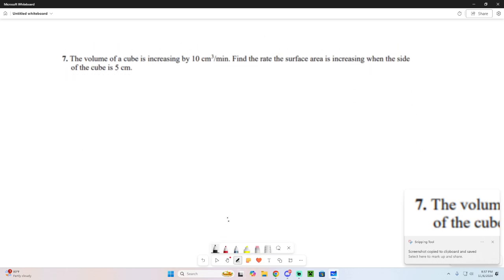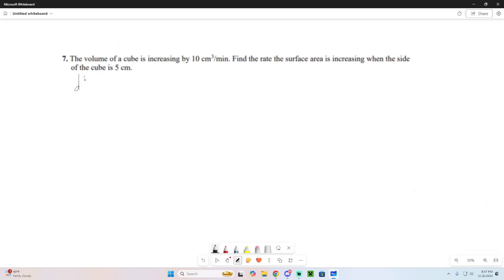Alright, the volume of a cube. Okay, so dV/dt equals, and it's increasing by 10.